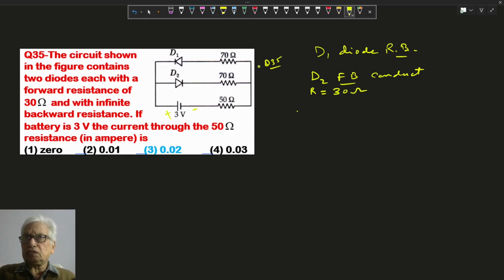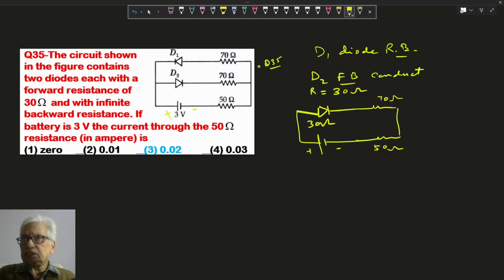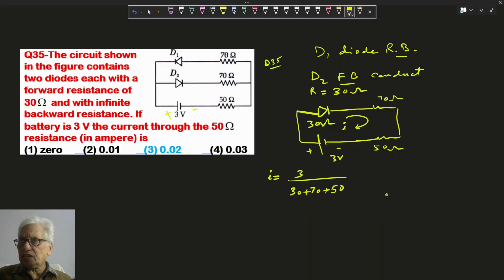So this circuit becomes like this: this is 30 ohms, this is the 70 ohm resistance, this is 50 ohms, and the voltage of the battery is 3 volts. So the current is 3 volts divided by the total resistance 30 plus 70 plus 50. So this is 3 by 150, or 1 by 50, which is 0.02 ampere. So option 3 is correct.